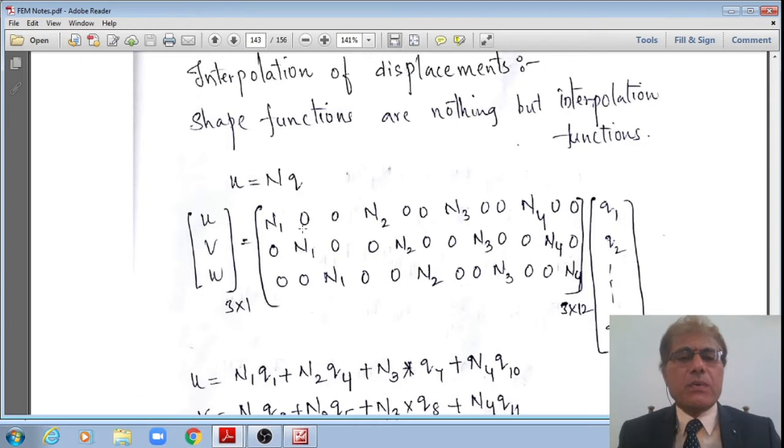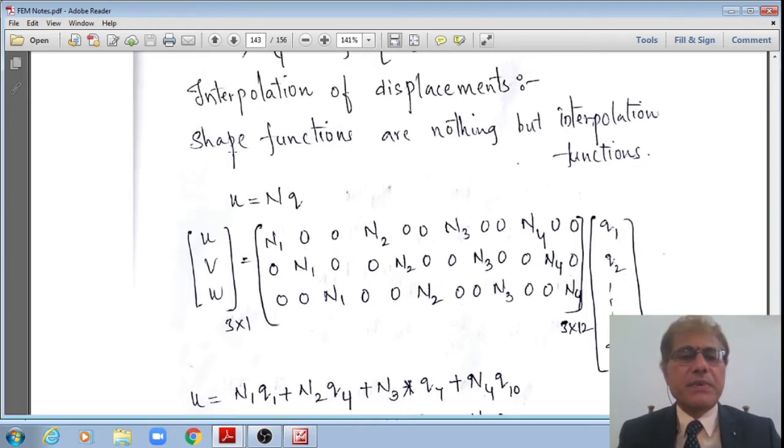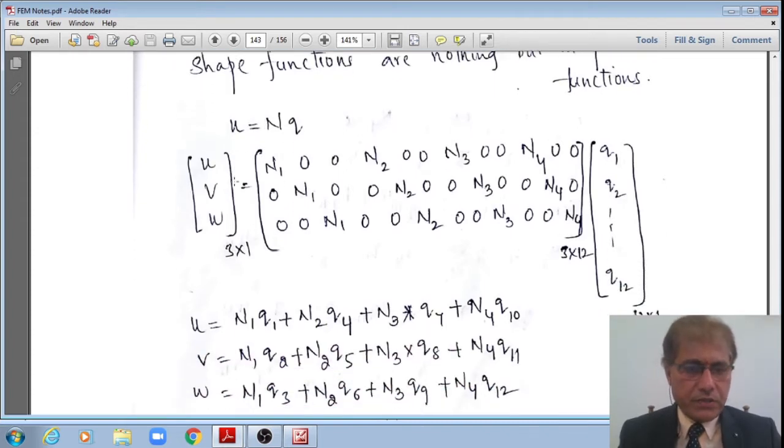Now, once we do that, I'll interpolate the displacements. That's how the next subheading has the displacements using these shape functions, right? Interpolation using these linear shape functions.